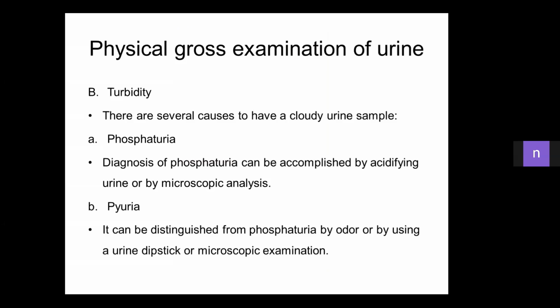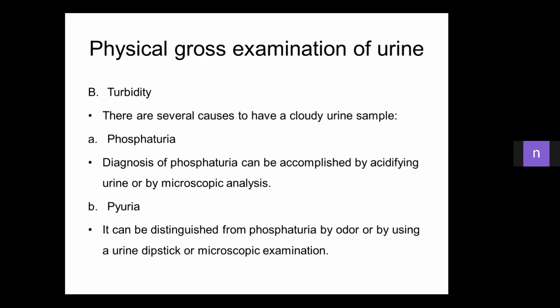Phosphaturia is a benign process in which excess phosphate crystals precipitate in alkaline urine. It is often intermittent and may occur after meals, and many patients are otherwise asymptomatic. We can diagnose phosphaturia by acidifying the urine or by microscopic analysis.